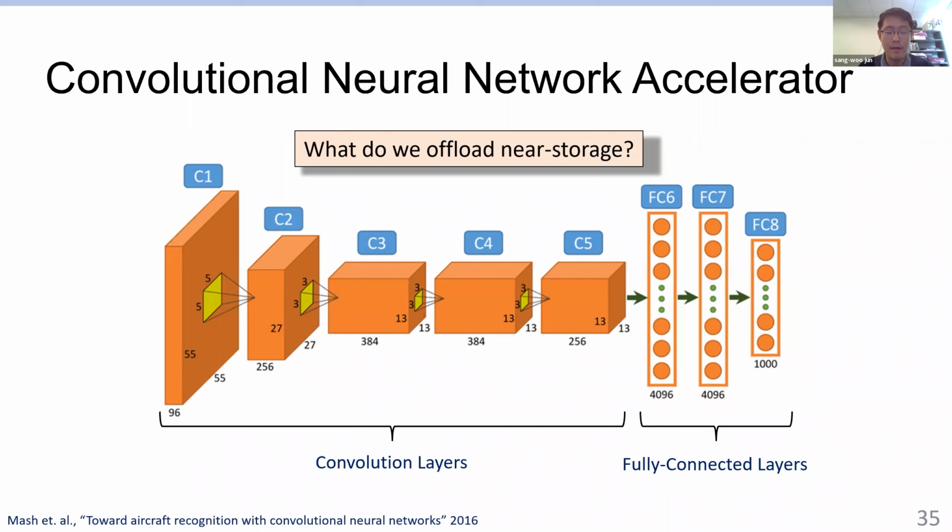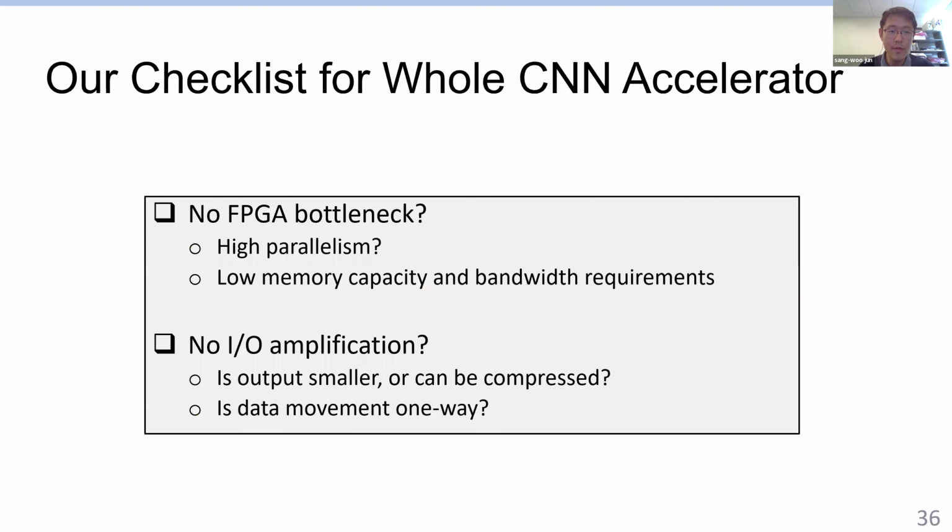The question here is, what do we offload? If we want to accelerate neural network inference on near storage accelerators, what do we offload to near storage? This is where our checklist comes back. Is there high parallelism? Yes. Systolic arrays and matrix multiplication inherently have very high parallelism. Does it have low memory capacity and bandwidth requirements?